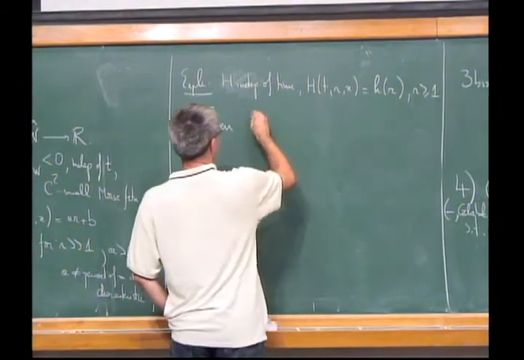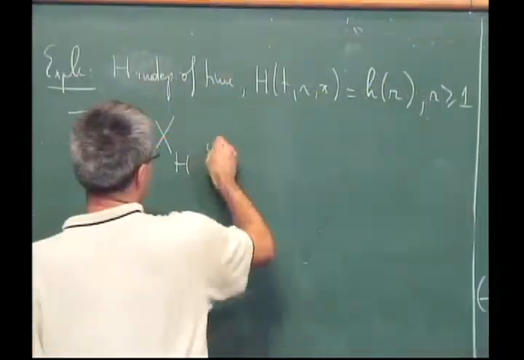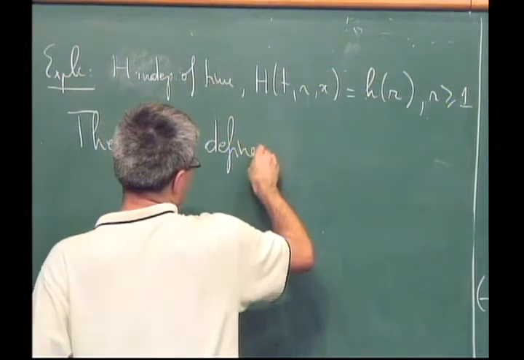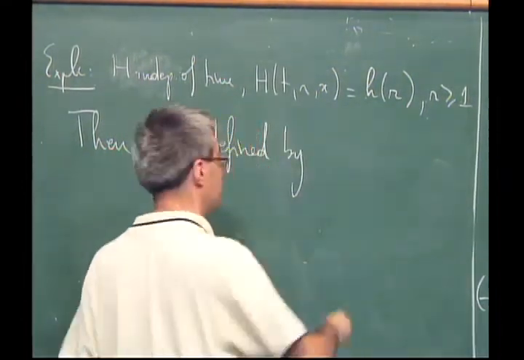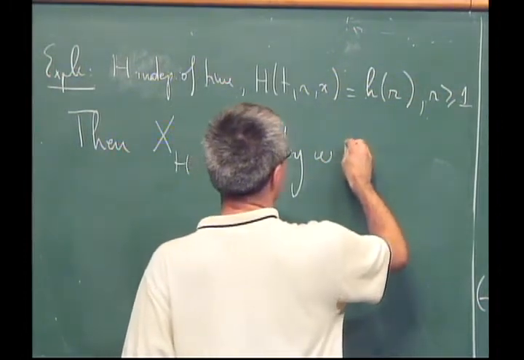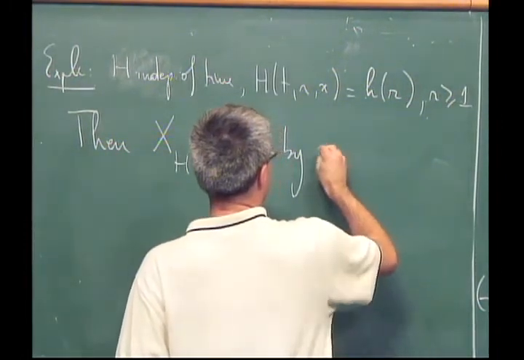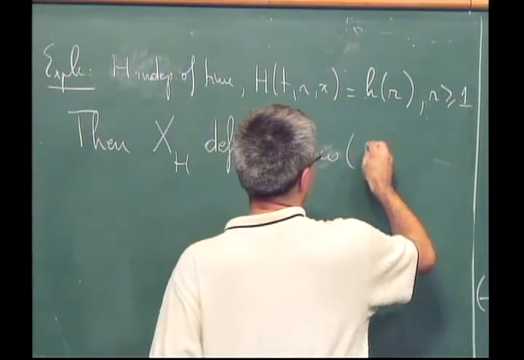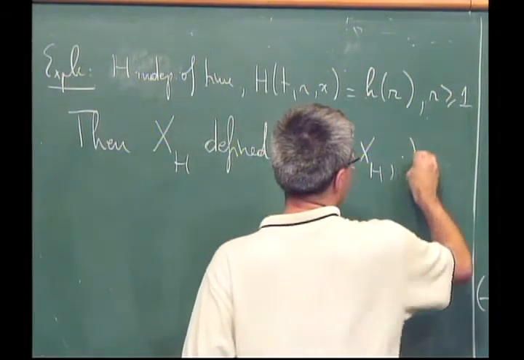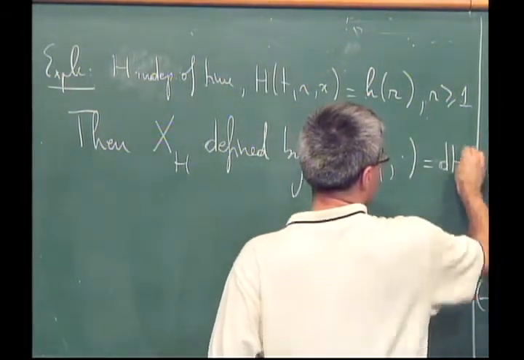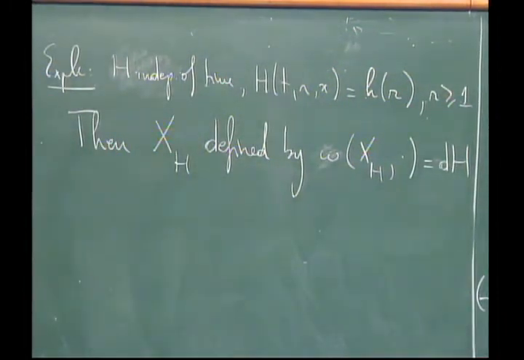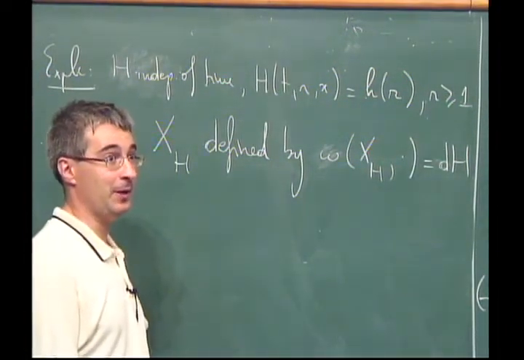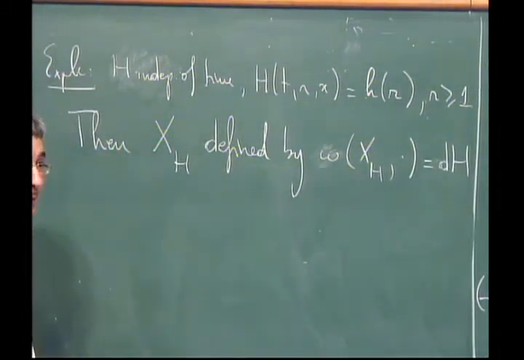The Hamiltonian vector field, which with my conventions is defined by the opposite convention as previously, namely omega of XH dot is equal to dH and not minus dH. Sorry for that, but if I do not stick to it, I may write nonsense on the blackboard because I'm so much used to it.